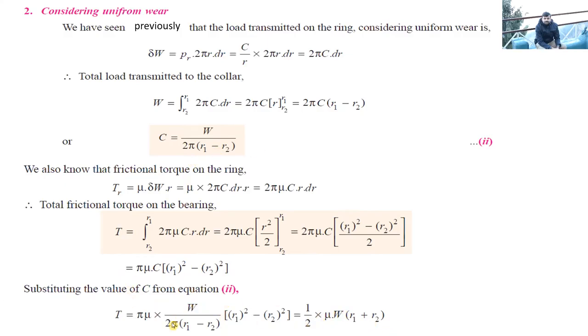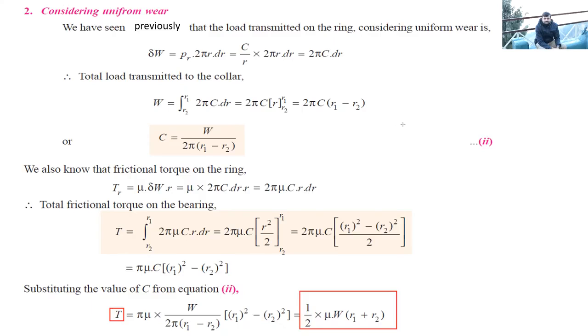We derive an equation. This R1 square minus R2 square can be written as (R1 plus R2) multiplied by (R1 minus R2). So R1 minus R2 gets cancelled, and we arrive at the equation that total frictional torque equals 1 by 2 mu into W into (R1 plus R2). This is the expression for total frictional torque for a thrust bearing according to uniform wear theory.